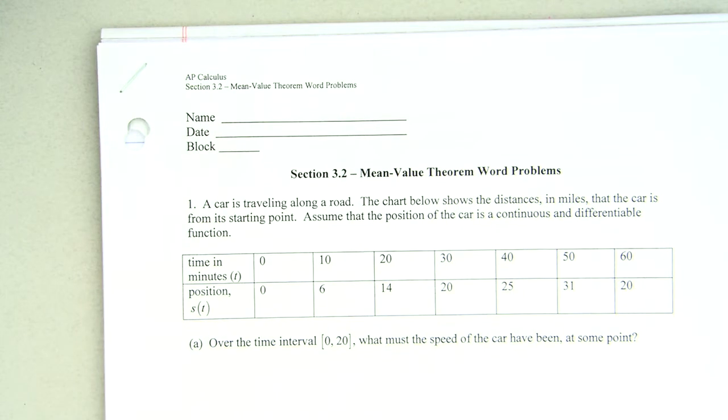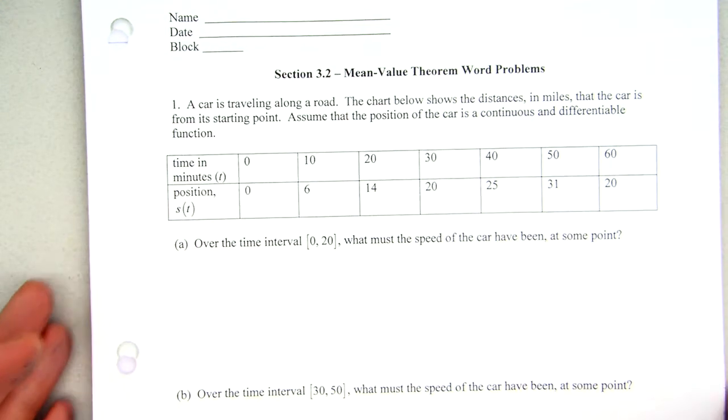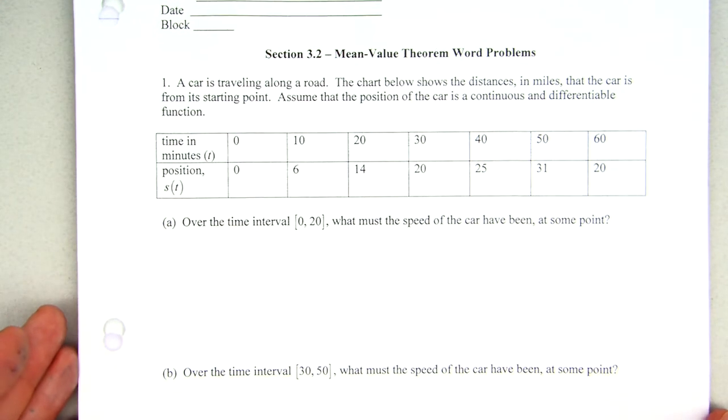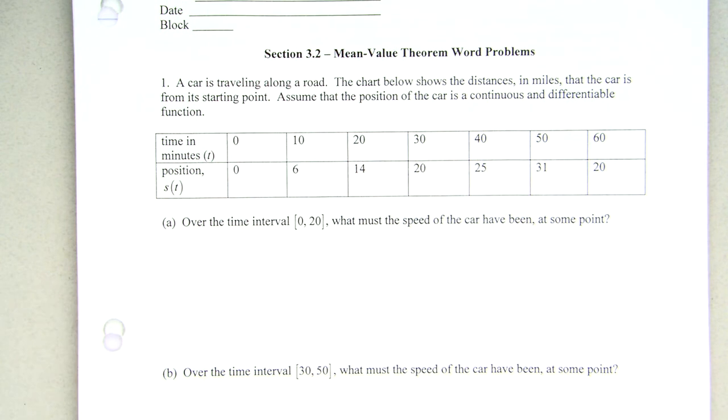Let's take a look at the packet titled Mean Value Theorem Word Problems, Section 3.2. We're not going to take a look at every single one of these, but I do want to take a look at a few. Take a moment, read through the problem, please.